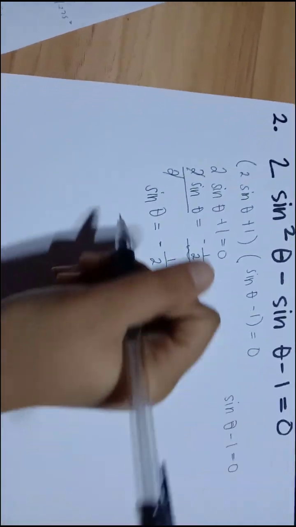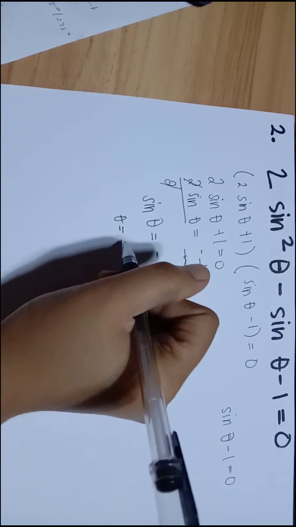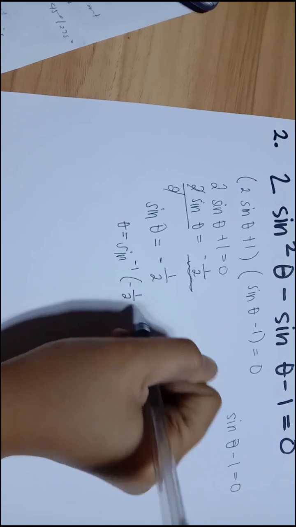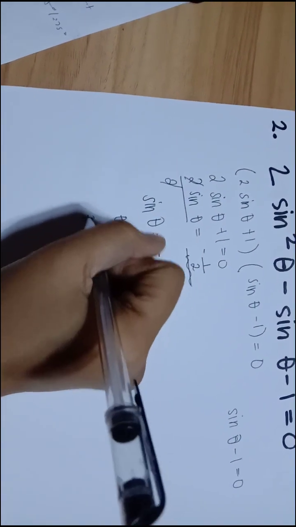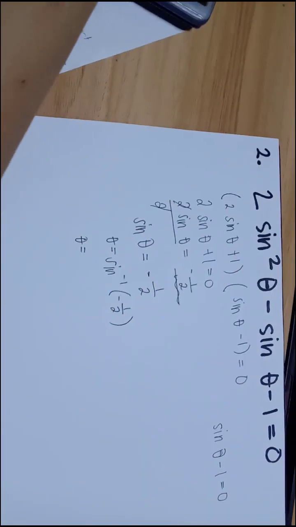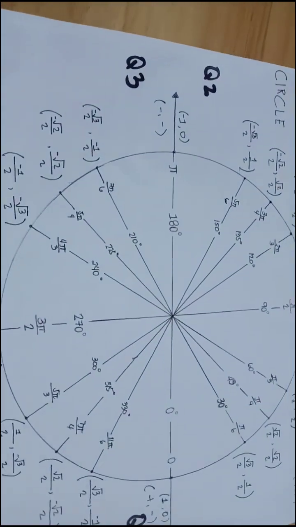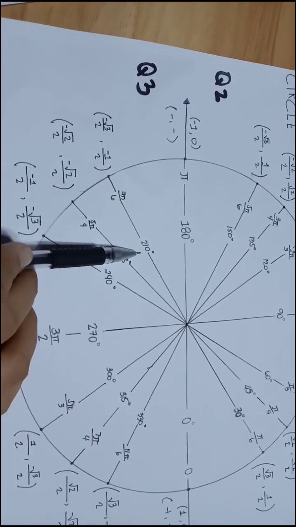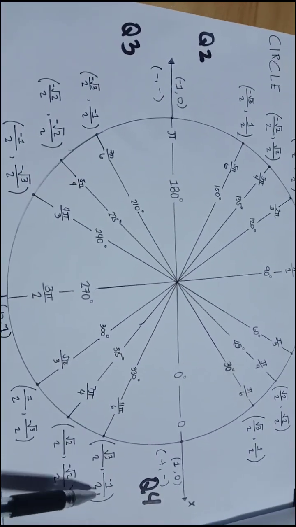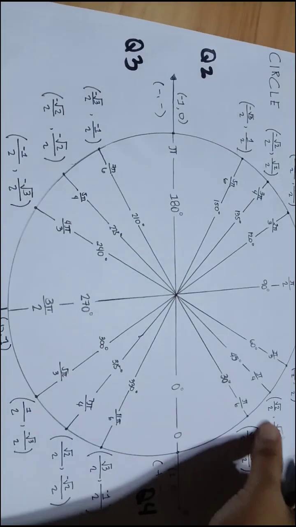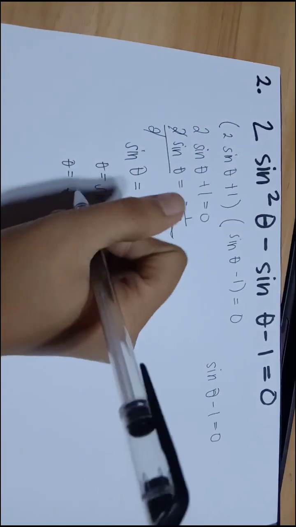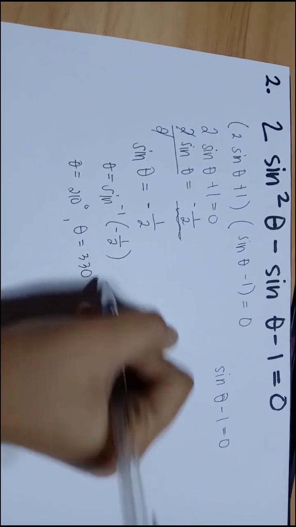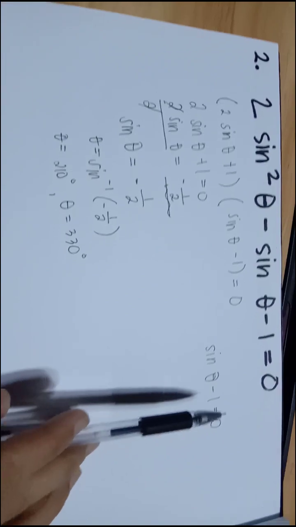Our theta now is theta equals arc sine of negative 1/2. To find the value of theta, we must use a unit circle. In quadrant 3, the negative 1/2 is 210 and the other one in quadrant 4 is 330. So the value of our theta now is 210 degrees and the other one is 330 degrees.